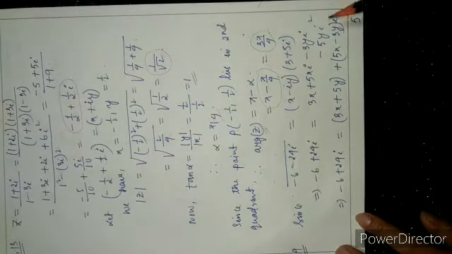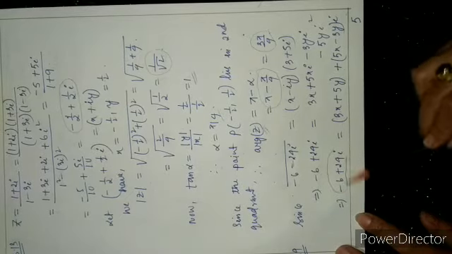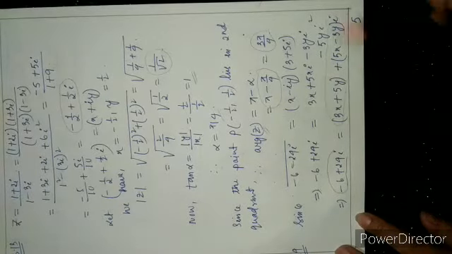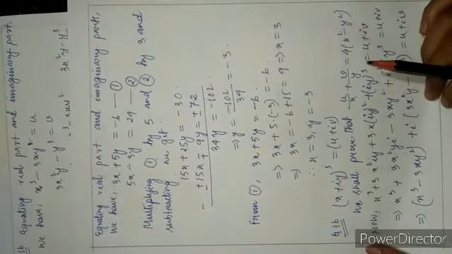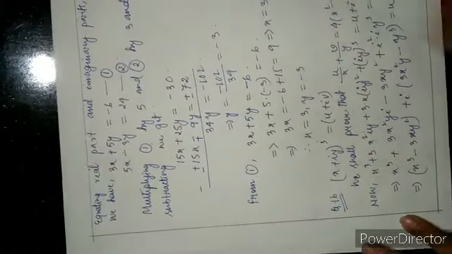So we get a real part and an imaginary part in the complex number, and equating these two complex numbers, we equate the real part and imaginary part.